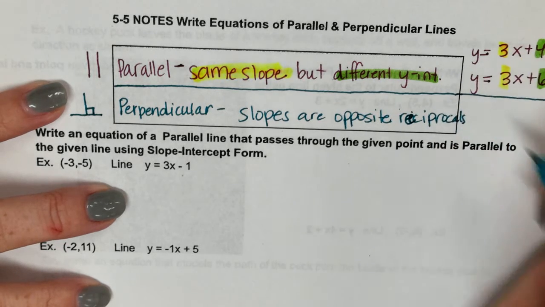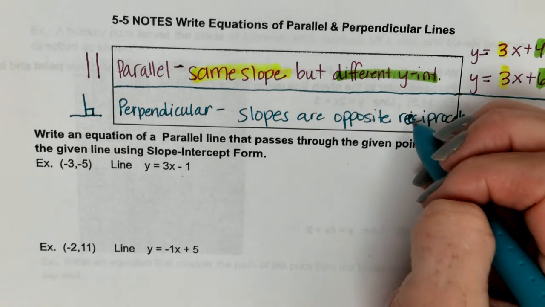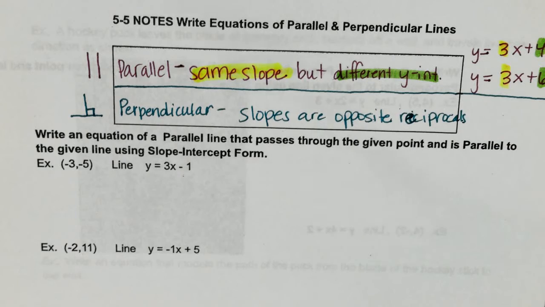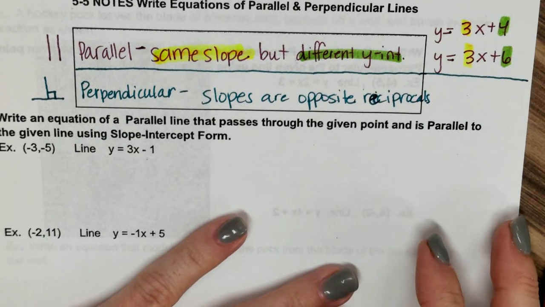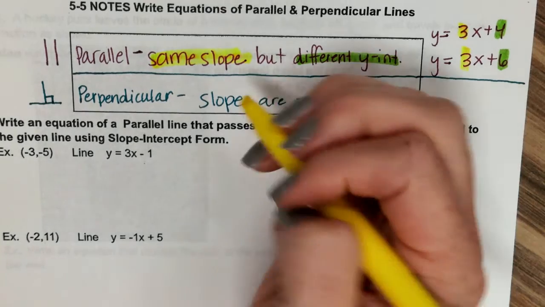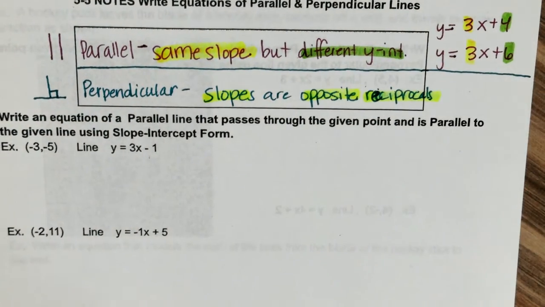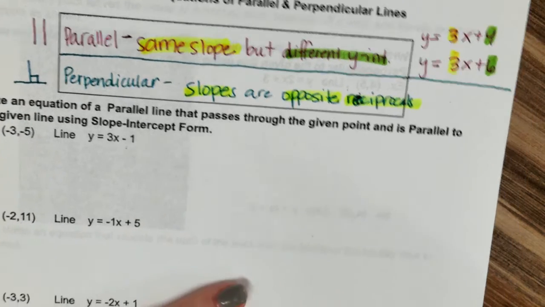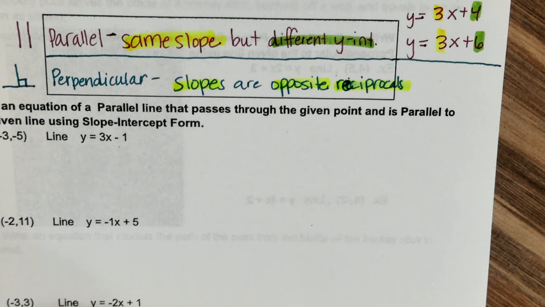And I will give y'all examples of those. So highlight what their slopes are. Slopes, opposite reciprocals. And I know y'all have heard the word opposite, and I know you've heard the word reciprocal. Yes? Okay, so let's talk about it.